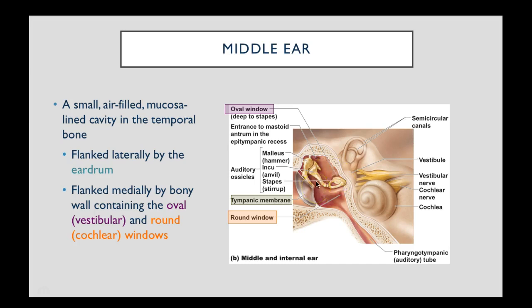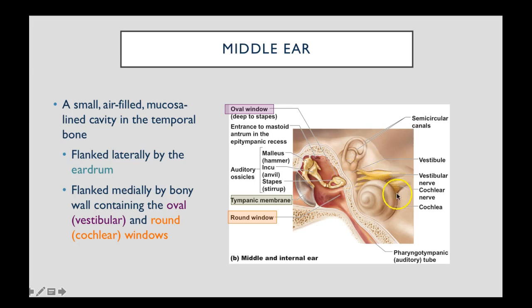And so let's quickly talk about these bones and the way this sound is transferred. The tympanic membrane, just like a drum, is going to vibrate and cause the malleus, also known as the hammer, the incus, also known as the anvil, and the stapes, also known as the stirrup, to vibrate and pass that information along to this oval window, which will then displace fluid within our inner ear, which we'll get into soon.